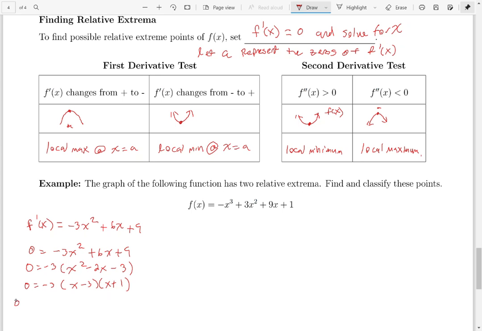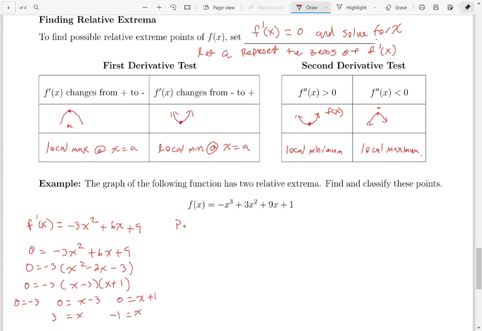Then zero product property, 0 is equal to negative 3, that's a no solution situation. 0 is equal to x minus 3, 0 is equal to x plus 1. Then I get that x is equal to positive 3, and I also get that x is equal to negative 1.